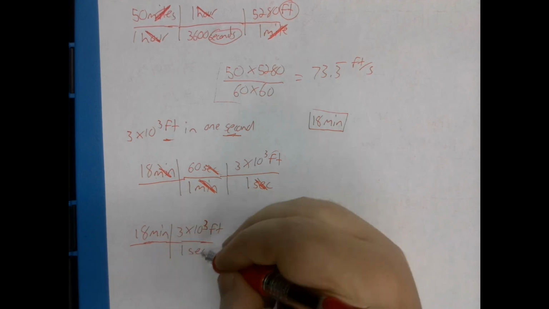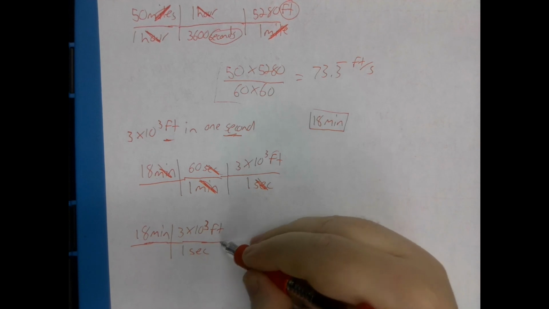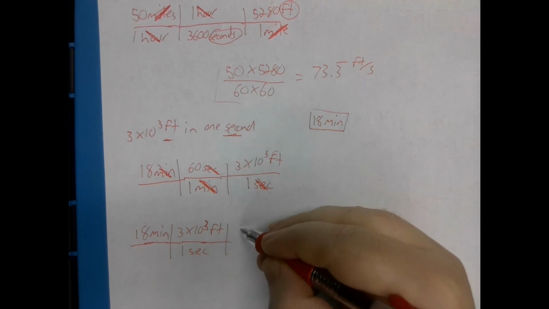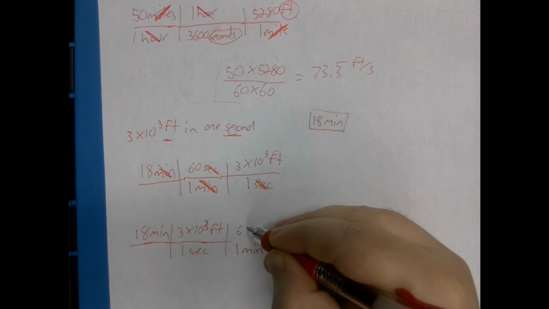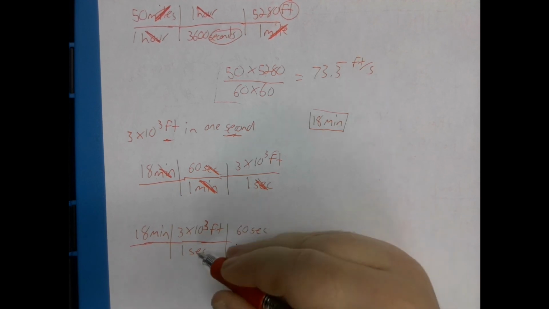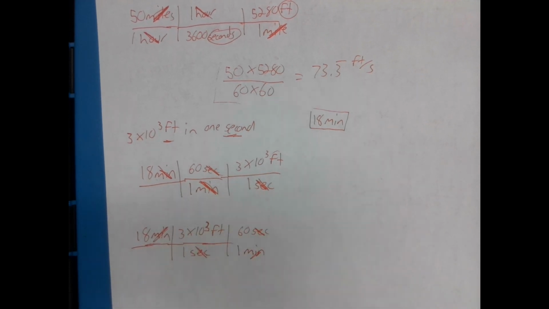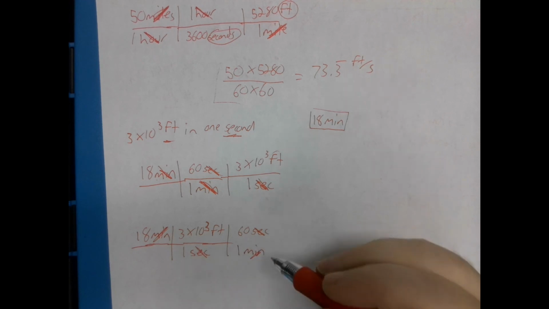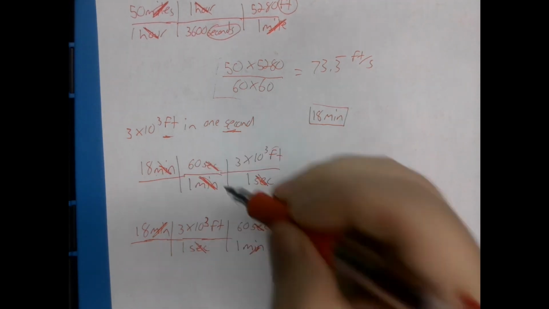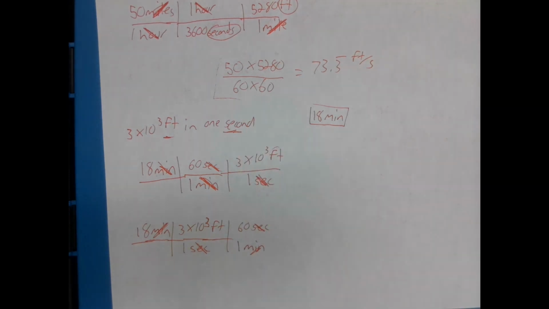Now we're in minutes, feet, and seconds. We want to cancel out minutes and seconds. So we would add in a minute here, and 60 seconds on top. The seconds cancel out, the minutes cancel out, and we're just in feet. I'd say do not do this. You should immediately convert before you plug in your given conversion factor.